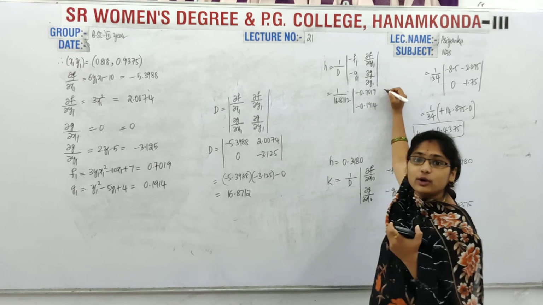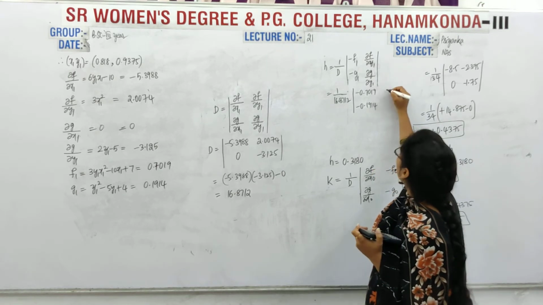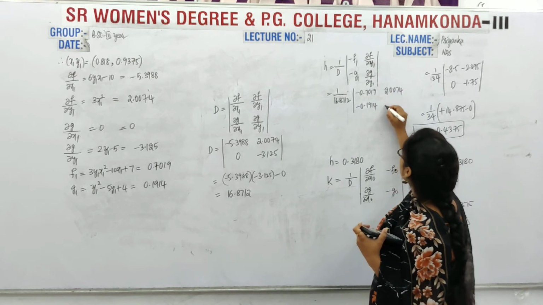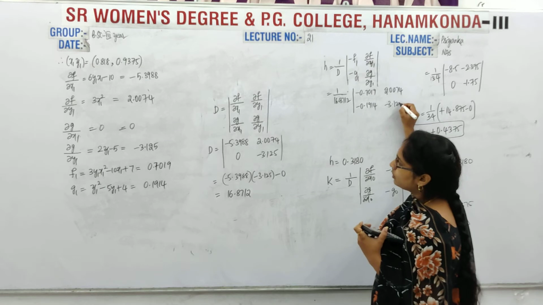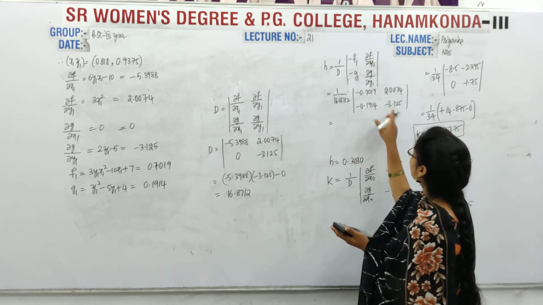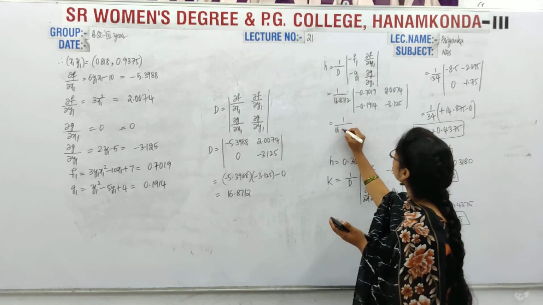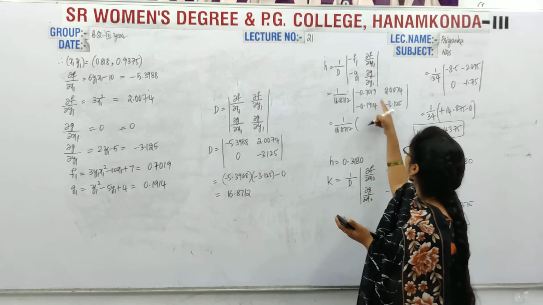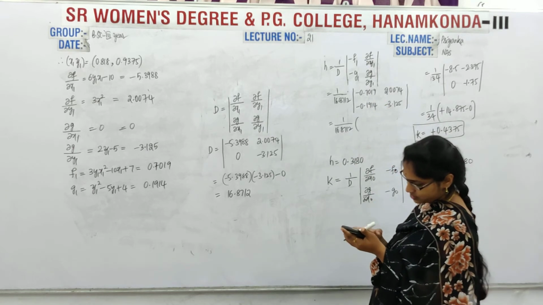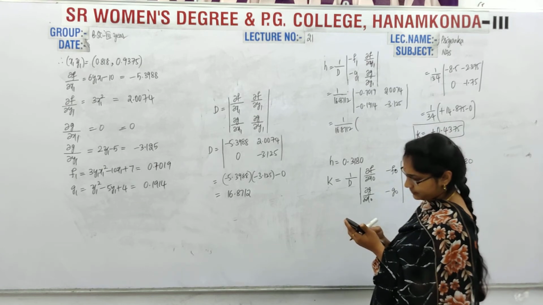Next, dou f by dou y1, 2.0074, minus 3.125. Now simply the multiplication of these two, minus into minus plus, 0.7019 into 3.125.